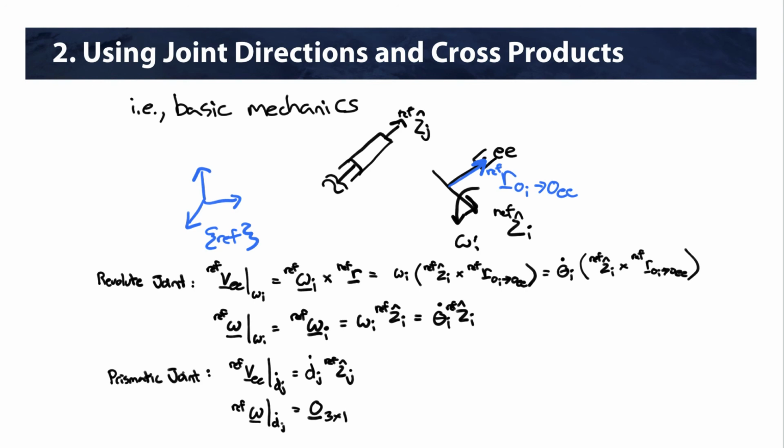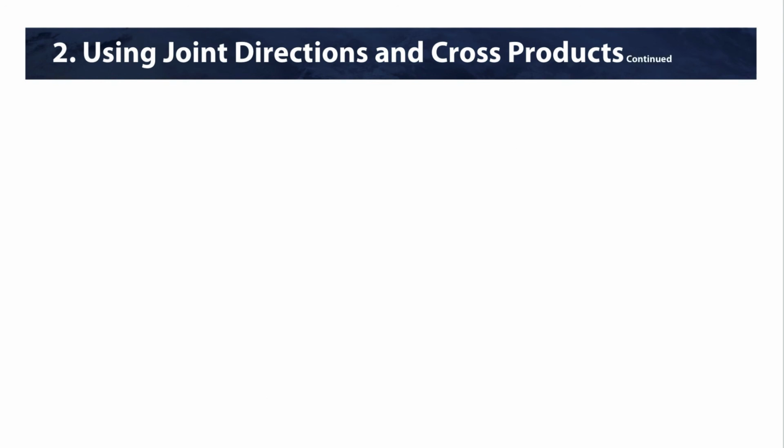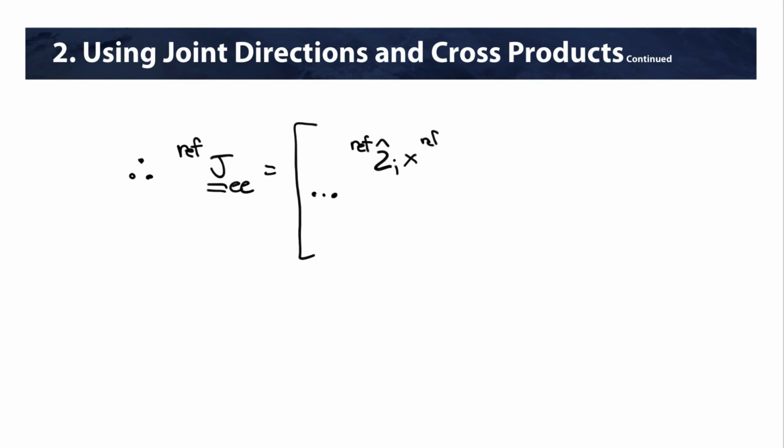So we can write this out in matrix form. Again, each column of our Jacobian is one joint of our robot. So if our ith joint is revolute, we have this formulation. That's the translational component, and then we have our angular component in the bottom part.